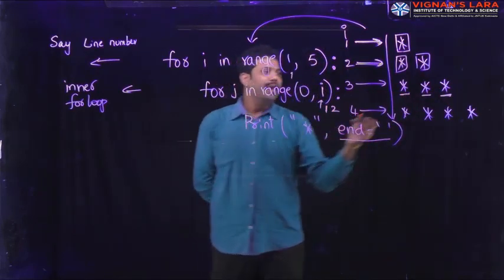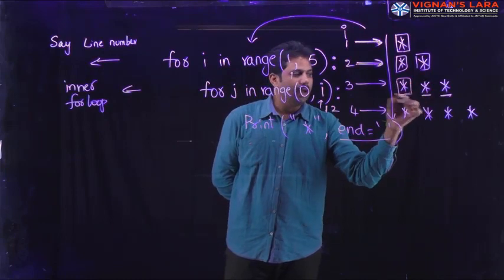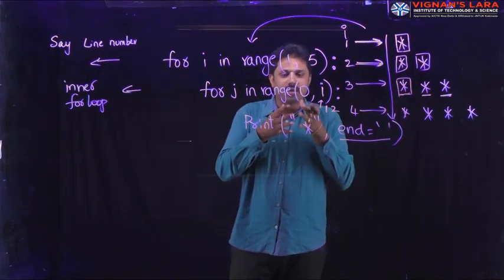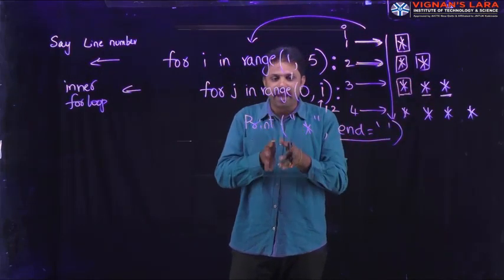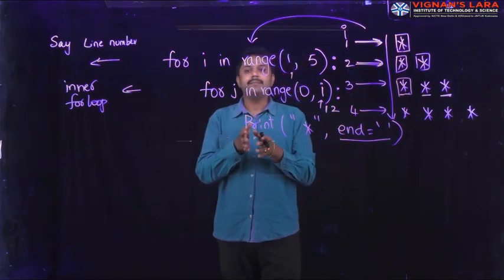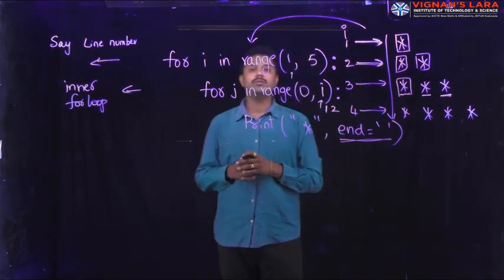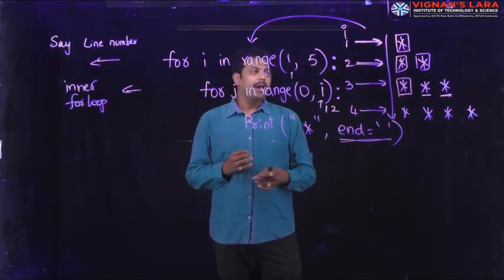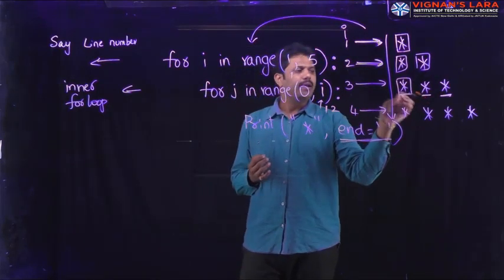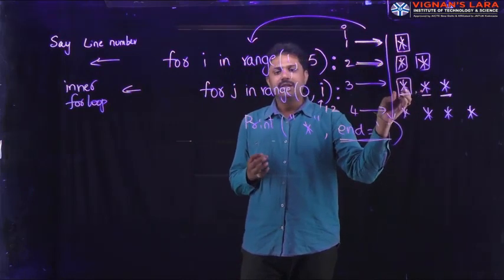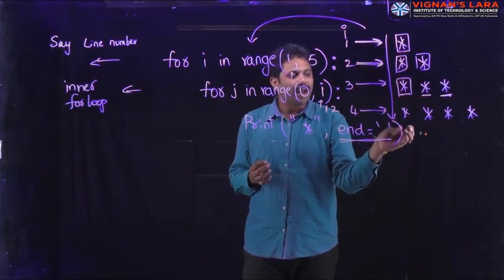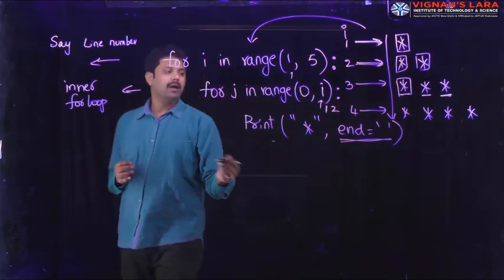That's why, if you want to stay on the same line, you have to use end equals to an empty string. That means it simply stays on the same line, not the next line. Okay, like that.